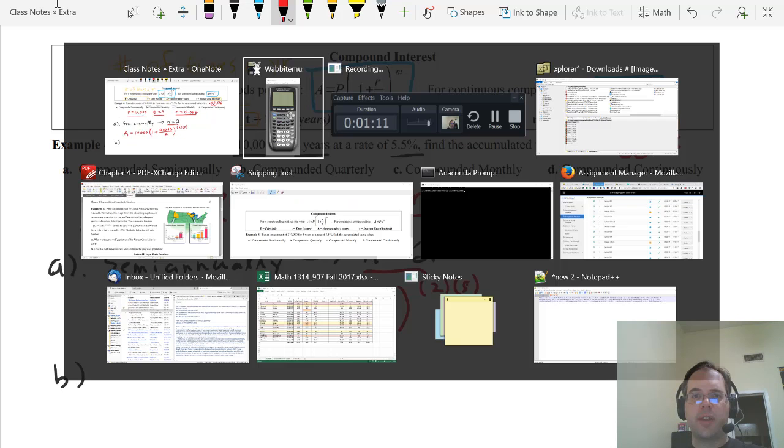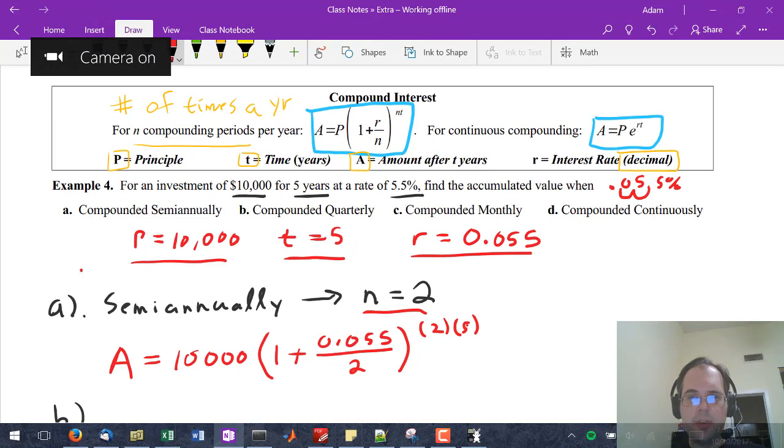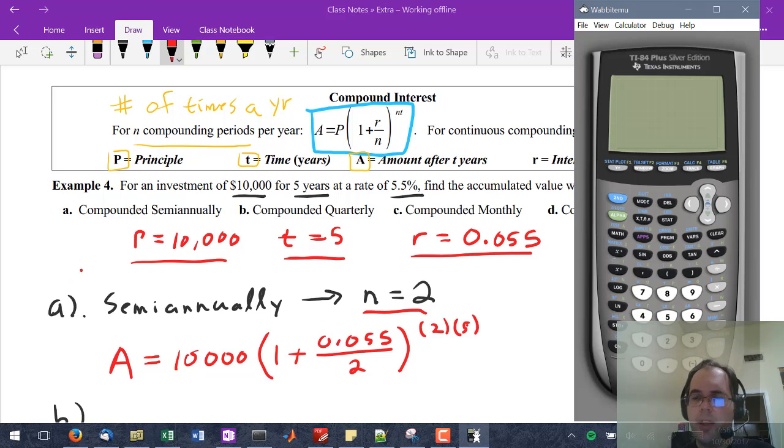Okay, and this is where the calculator will come in handy. Alright, let's plug this into the calculator. It's going to go 10,000, open parenthesis, 1 plus 0.055 divided by 2, close parenthesis, and then I press the exponent button and put in 2 times 5.